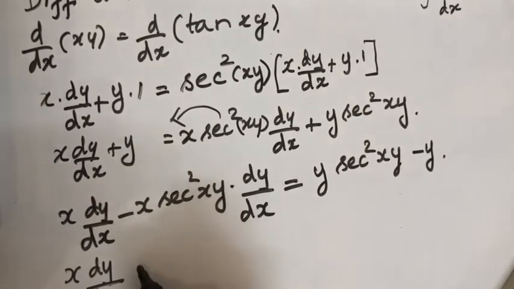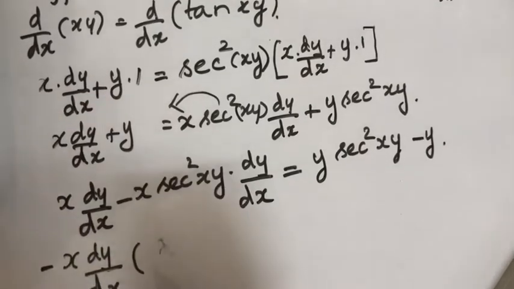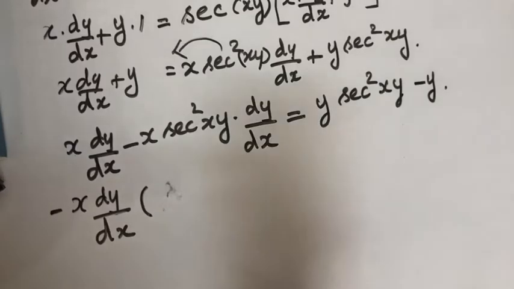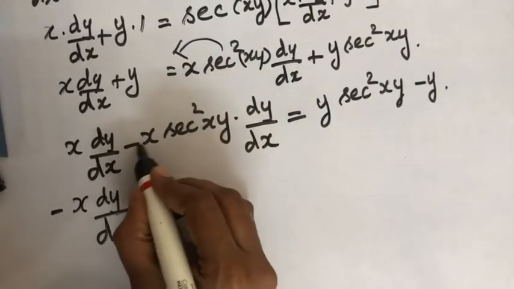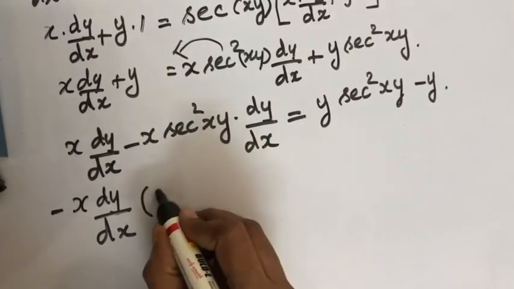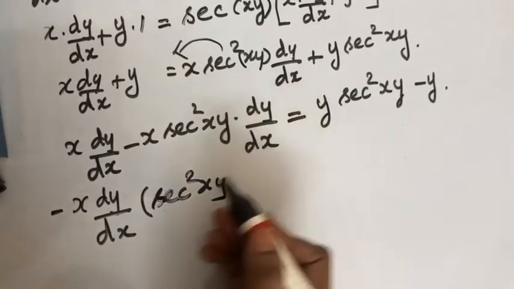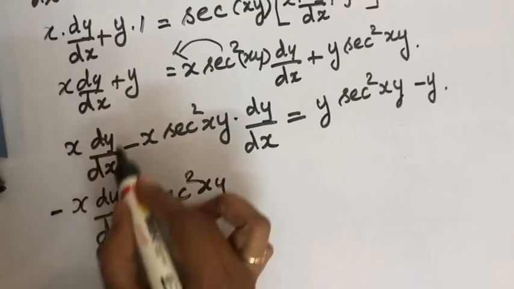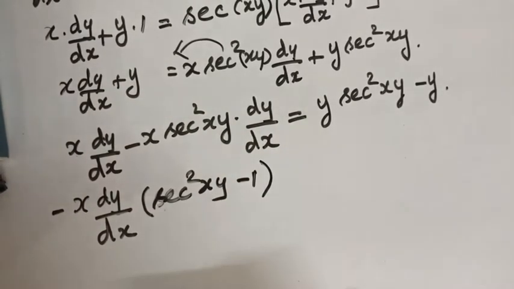Or else I take minus x dy by dx outside. So, this will become secant square xy, positive because here we have negative. Here I took x dy by dx but negative, so I put minus 1 here.